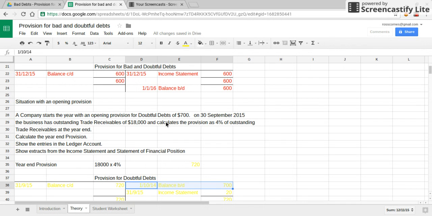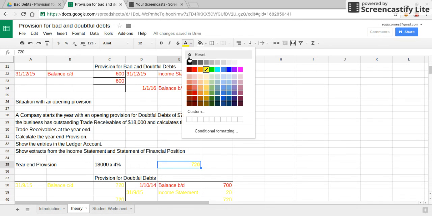So for this example here, for this company, they started the year with a provision of $700. And if you remember, that's going to be on the credit side as a balance brought forward because it's really owner's capital that's being reduced and transferred to the provision account. The next thing that we need to do is to calculate how much provision we need at the end of the year. So pretty straightforward.